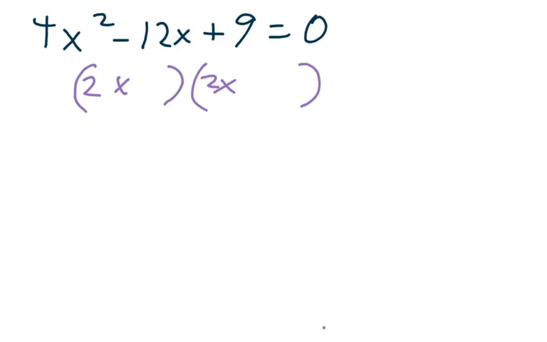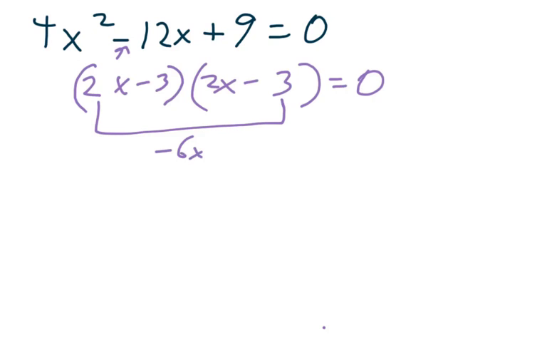And then what two numbers multiply up to be 9, we'll try 3 and 3. And I'm going to put both of these down as minus because this is a minus right here. So I'm going to check. And that's negative 6x. And that's negative 6x. That totals up to be negative 12x.